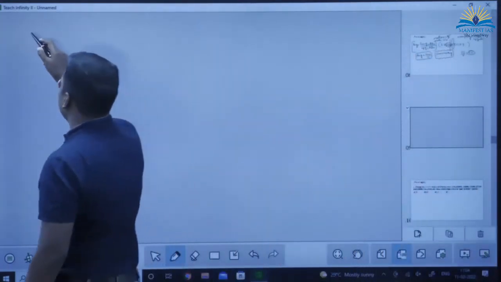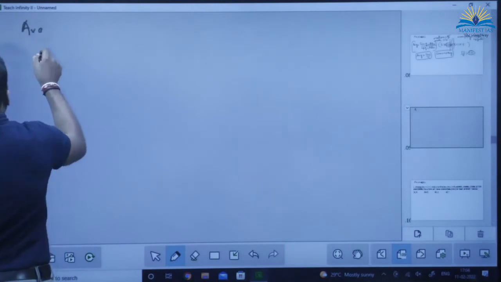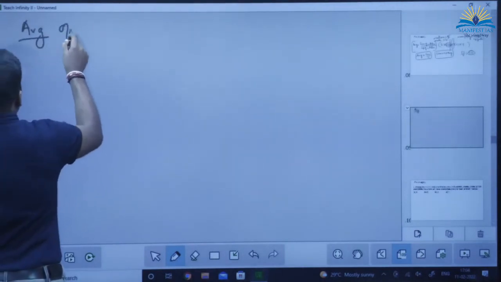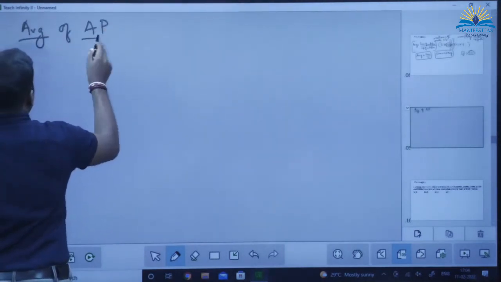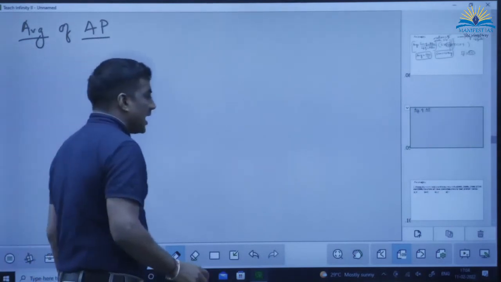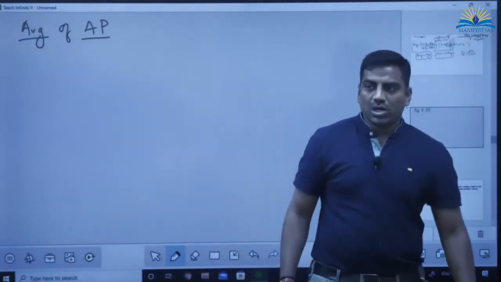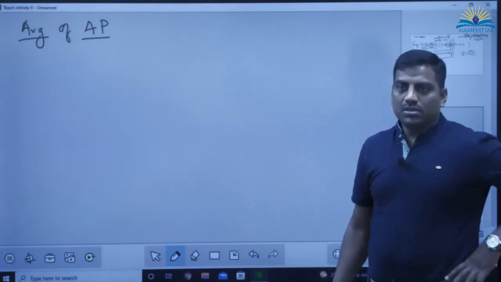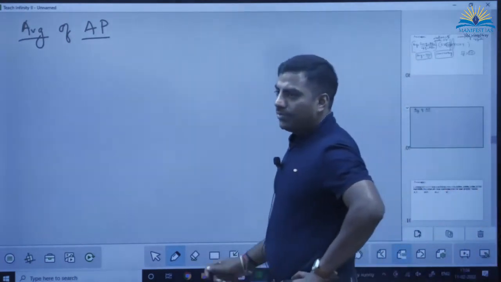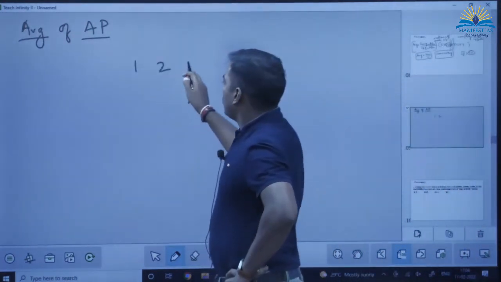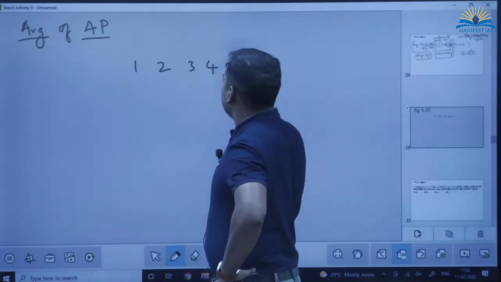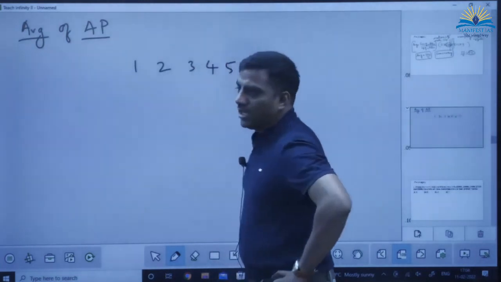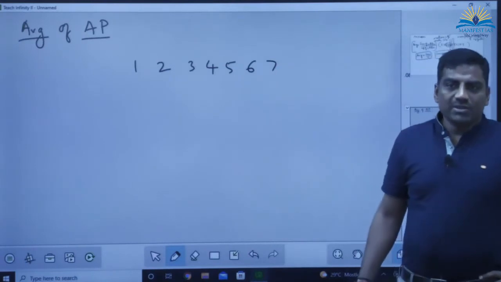Now, the average of the numbers which are in AP or which have a certain pattern. Can I take 1, 2, 3, 4, 5, 6, 7 as an arithmetic progression?